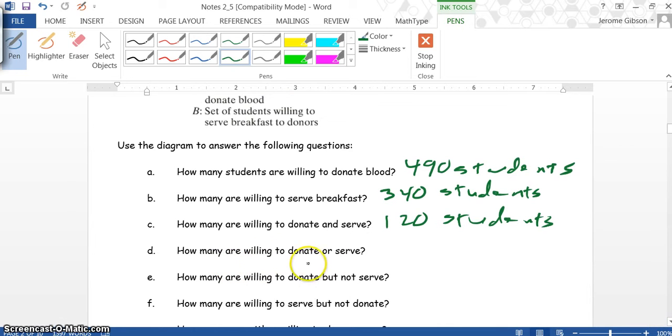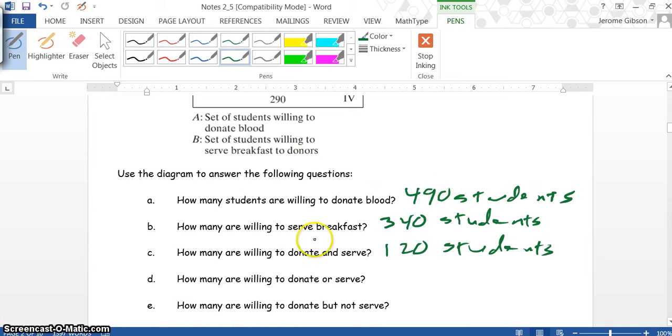Now it says, how many are willing to donate or serve? When it says donate or serve, that means that this is the union.